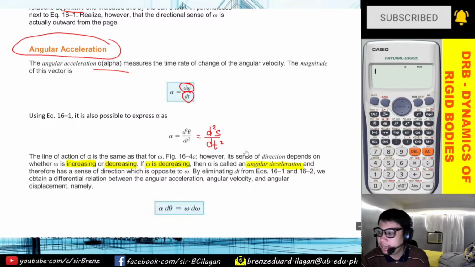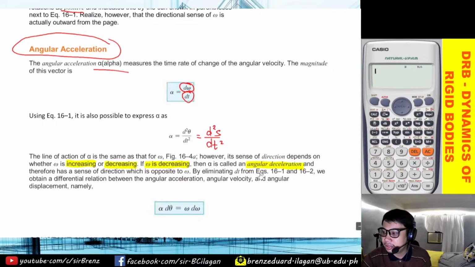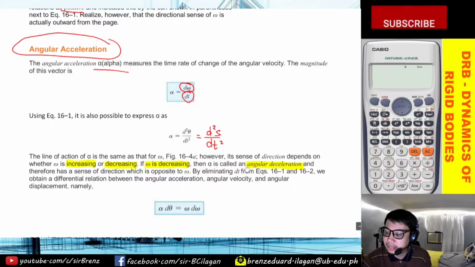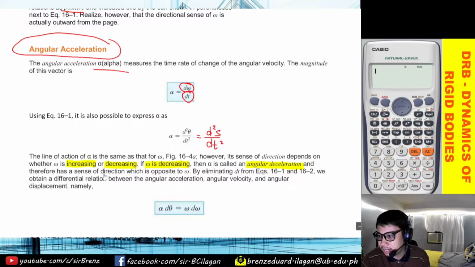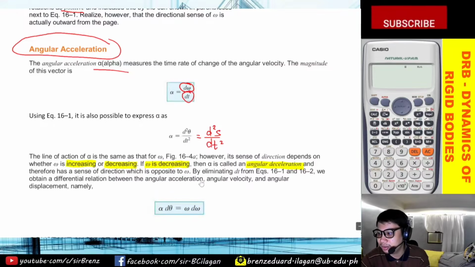This is the same as in rectilinear translation. When it slows down, you have a deceleration, or the value of your acceleration is negative. And vice versa, when it is increasing, it is called acceleration, and it has a sense of direction opposite to omega.